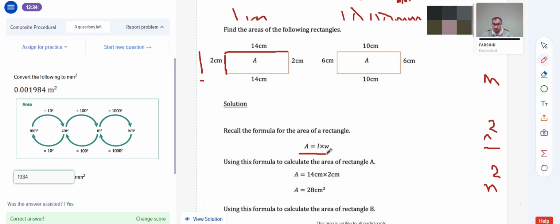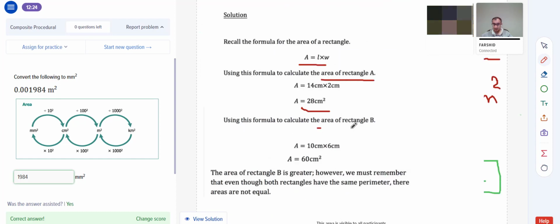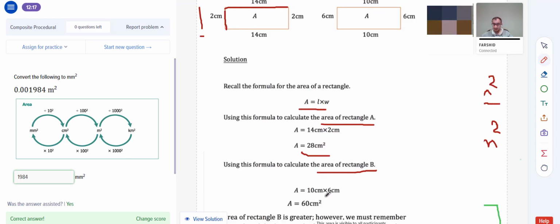So we use the formula to calculate the area of rectangle A. We say 28 square centimeter. And to calculate the area of rectangle B, we say the length multiplied by the width, which is 10 by 6 is 60.